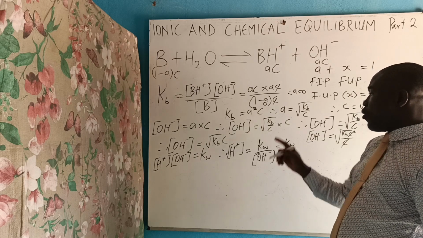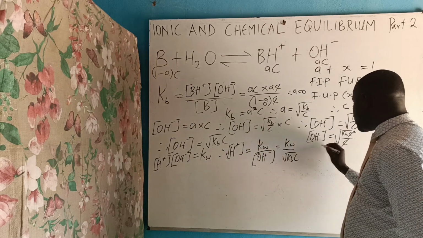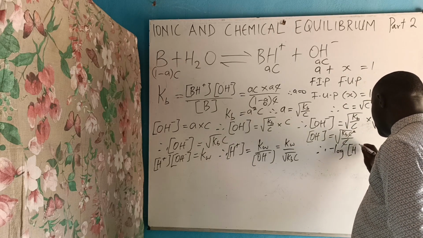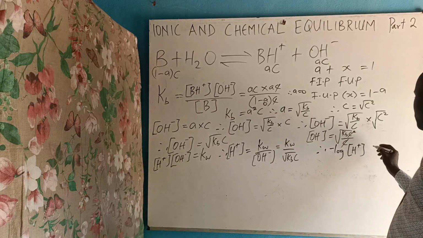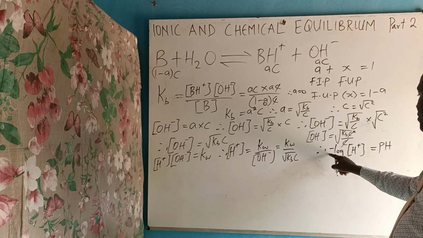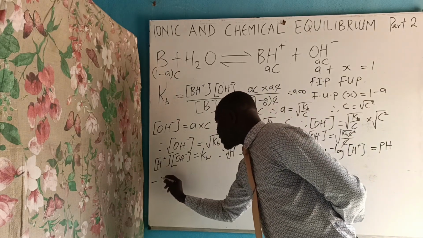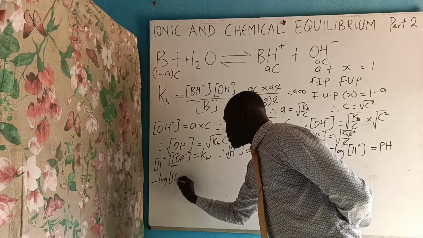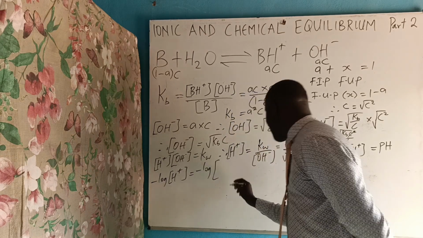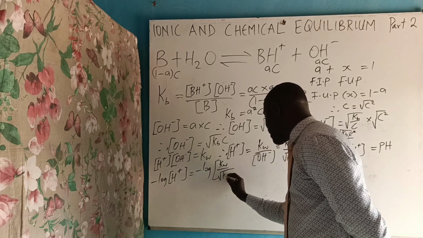Now note that negative log of H concentration is what we call pH, right? So I will take negative log of both sides of the equation. Negative log of this is equal to negative log of bracket Kw over square root of KbC.